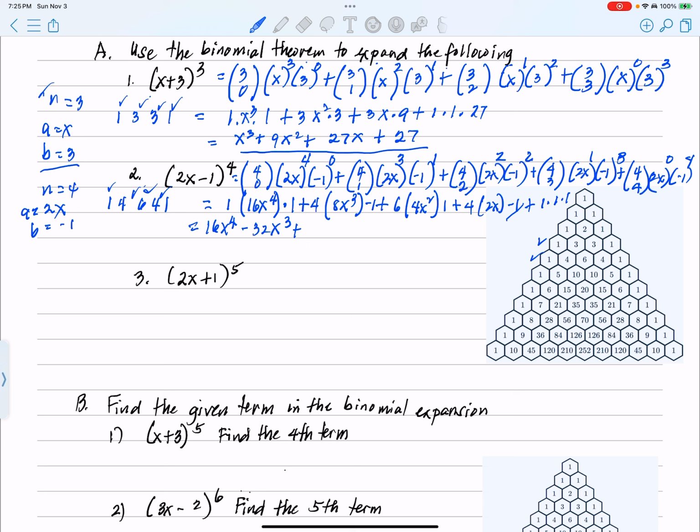So negative 2x to the third power. Where am I now? Okay. So the second here is plus 24x squared.